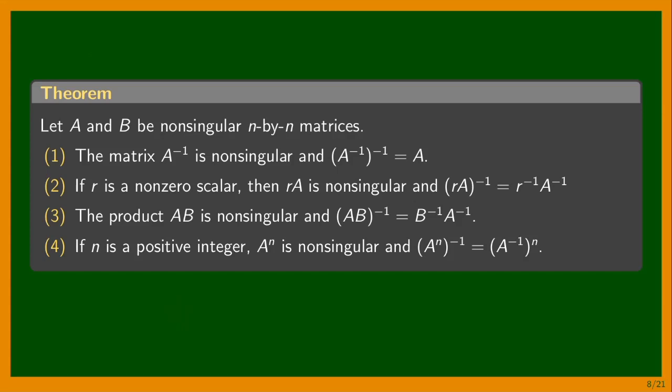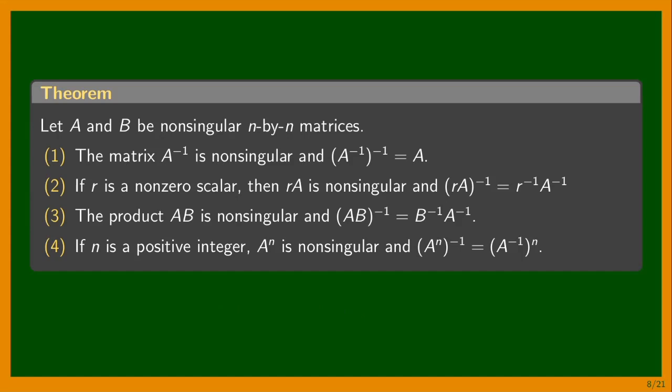If A times A inverse, or A inverse times A, happens to be the identity matrix, you can also view this as multiplying A to A inverse either from left or from right, you get the identity matrix. Therefore, A itself should be the inverse of A inverse. Is that clear? Okay. How about the second one?